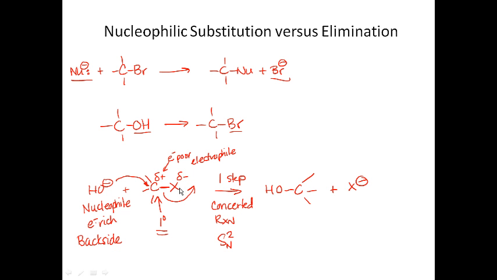Now the transition state for this reaction would have formation of a partial oxygen-carbon bond at the same time the carbon-halogen bond is breaking. And they have to be in a linear geometry because of the backside displacement. Then your 3 atoms or 3 groups that are attached to this carbon would then adopt a trigonal planar geometry, so that what we have is what's called a trigonal bipyramidal transition state.